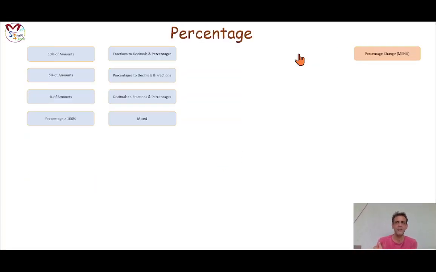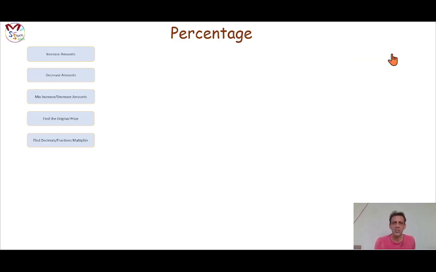We've got the percentage menu. We've got 10%, 5%, or any percent of amounts. Percentages over 100%, fractions, decimals, and percentages, and then percentages and decimals first, and change it to fractions and decimals and percentages. Okay, or you can mix all these 3, which is probably the better option.